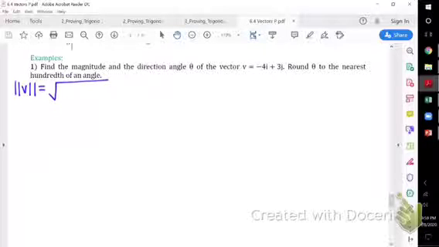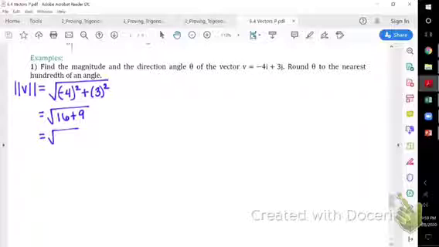It's going to be the square root of the first component squared plus the second component squared. And so we're going to work this out. And we find that our magnitude is 5.